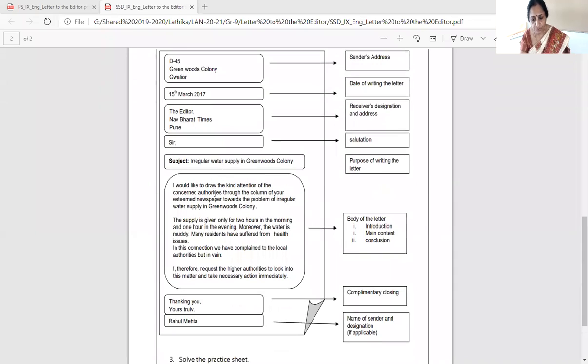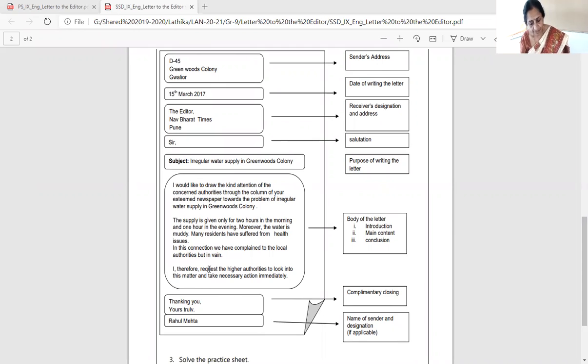The introduction can be similar to this, whatever problem you have. Main content and conclusion will have to be a little different according to the problem you are writing about at that time. So this is just to give you an idea of how a letter should be.